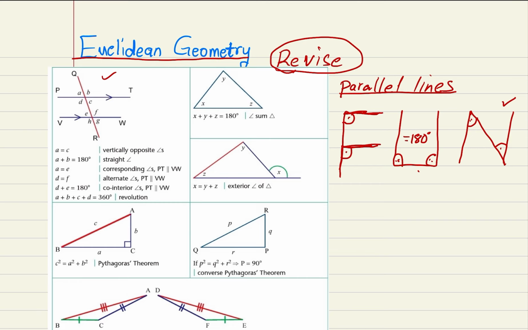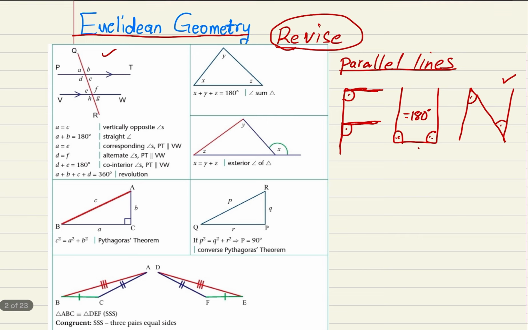Now we continue and go to triangles. Whenever we deal with triangles, there are types of triangles we need to allude to. There is this triangle I would love us to talk about.